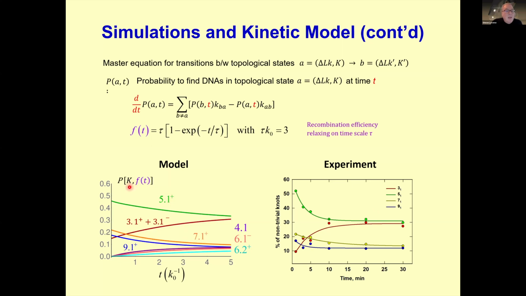And if you allow for torsional relaxation now, where the torsional strain or the supercoiling in the DNA chain decays as a function of time, you actually can get pretty good agreement with what we observe experimentally. So I think the model gets some traction here, based on what we've observed experimentally, and based on what I think is at least a reasonable model for how the enzyme has to work.